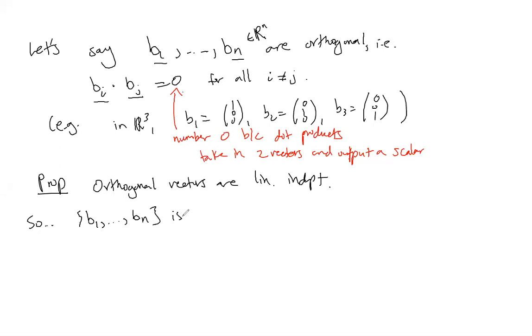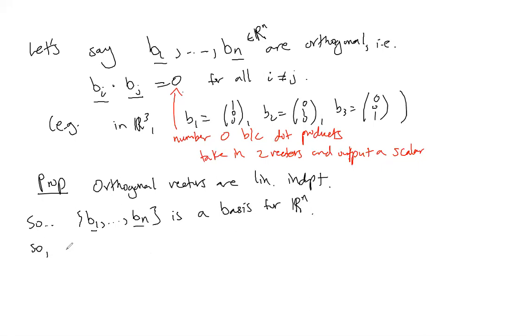So this is actually a basis for Rn. This collection of n orthogonal vectors forms a basis for Rn, whatever they are. We're going to keep it a little arbitrary for now.